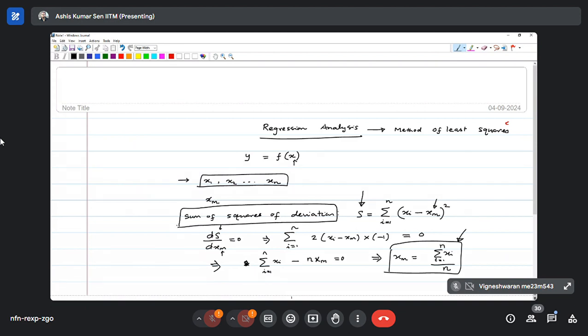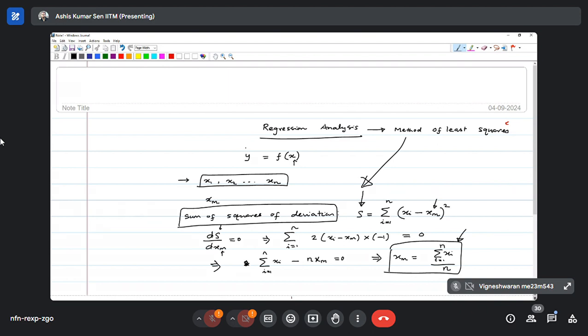So the mean value is a value for a data set that minimizes the sum of squares of deviation for that data set. Okay, so this is how one can understand the power of the method of least squares. Okay, so the method of least squares has been used to derive the definition of the mean value. Okay, but that is not the objective here.